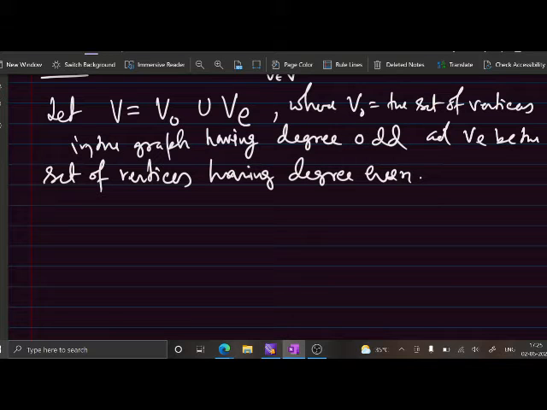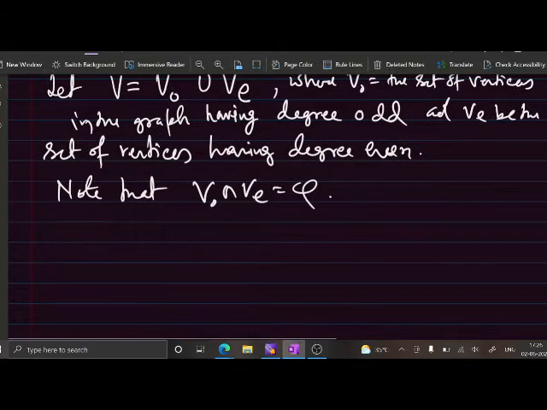So here you can partition the set of all vertices into these two disjoint sets. Note that these two sets are disjoint.